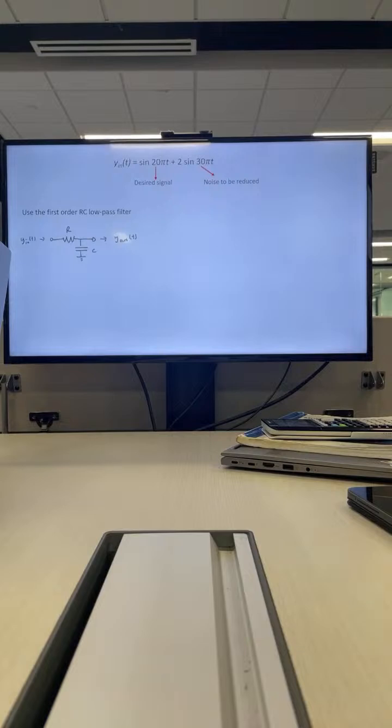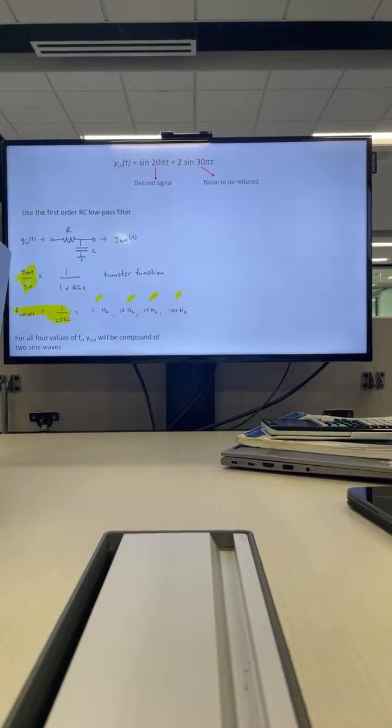Okay, let me walk you through. So this is a simple RC low pass filter, okay? And you know that Y out by Y in, that is the transfer function, is 1 by RCS plus 1, okay? And the cutoff frequency is 1 by 2 pi RC, for 1, 10, 15 and 100 hertz.